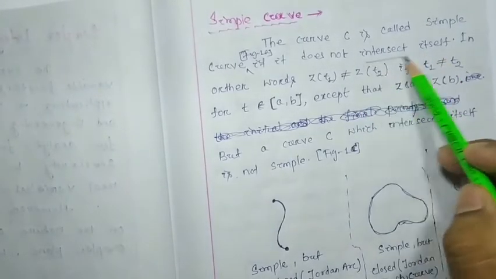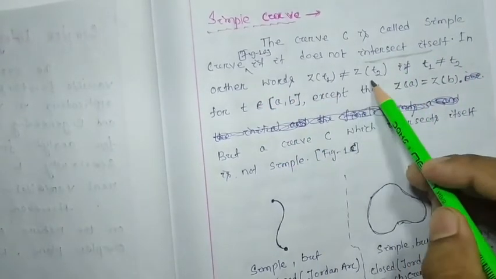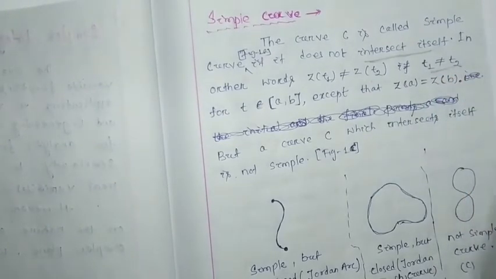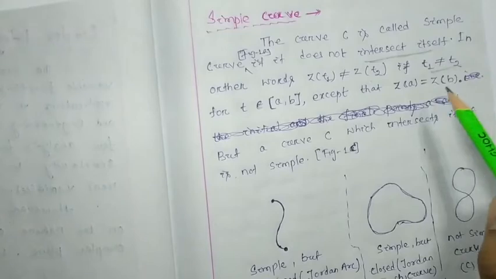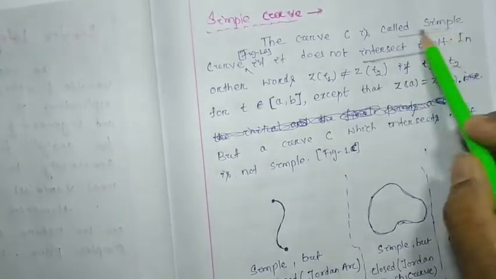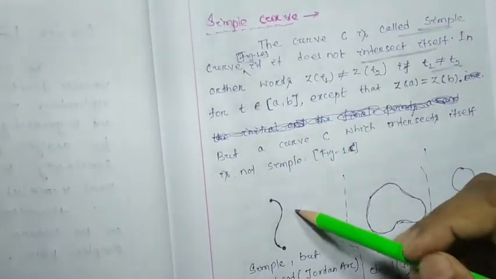In other words, z t1 not equal to z t2 if t1 not equal to t2. At any point on the complex plane they do not intersect. Then it is called a simple curve, which is represented by figure 1A, this one.